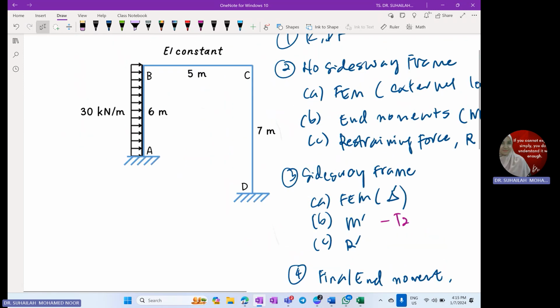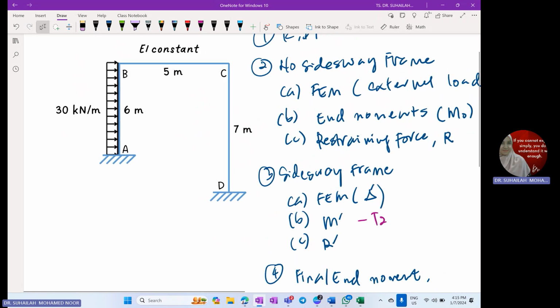Looking at this frame, it is unsymmetry. Unsymmetry means the frame will tend to move sideway, so this is a sideway frame. The end moment in this frame actually occurs due to 2 conditions.